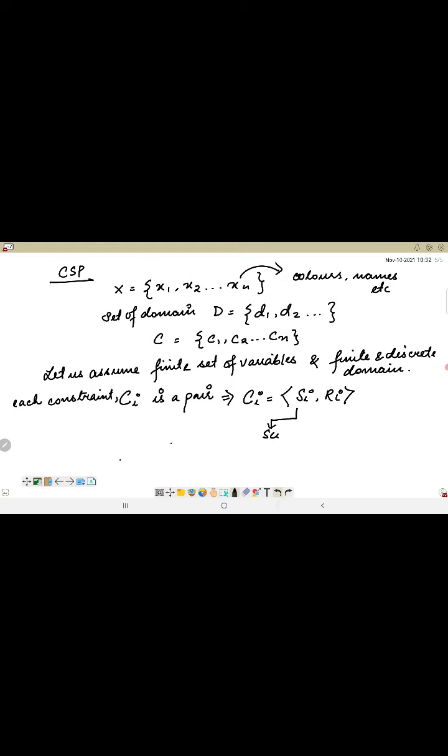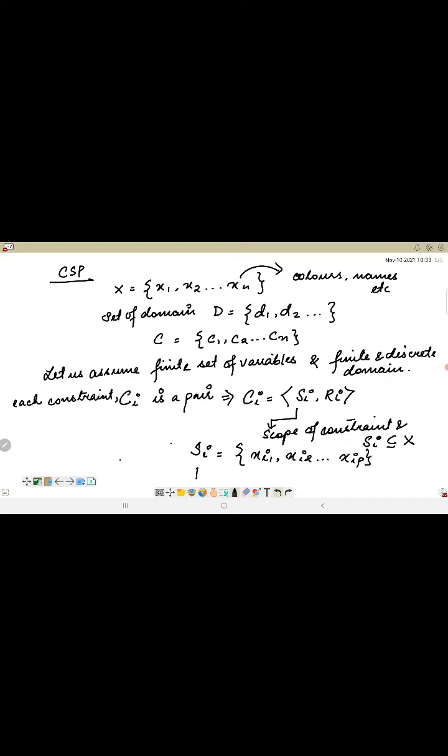Si is the scope of the constraint, where Si is a subset of X, a proper subset of X. That means Si can consist of Xi1, Xi2, up to Xip.